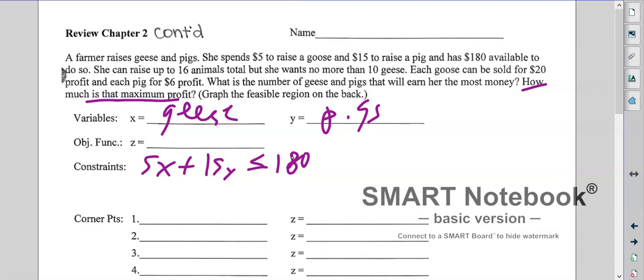It says she can raise up to 16 animals total. All right, so that's the simple one: x plus y less than or equal to 16. Geese and pigs together have to be less than or equal to 16. But no more than 10 geese. So that is x is less than or equal to 10.